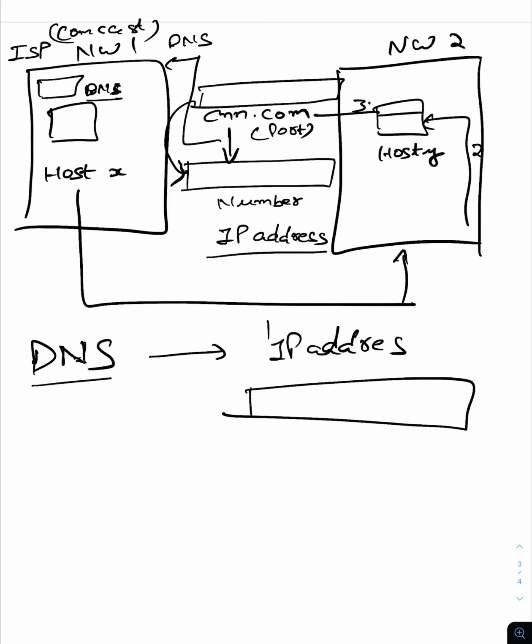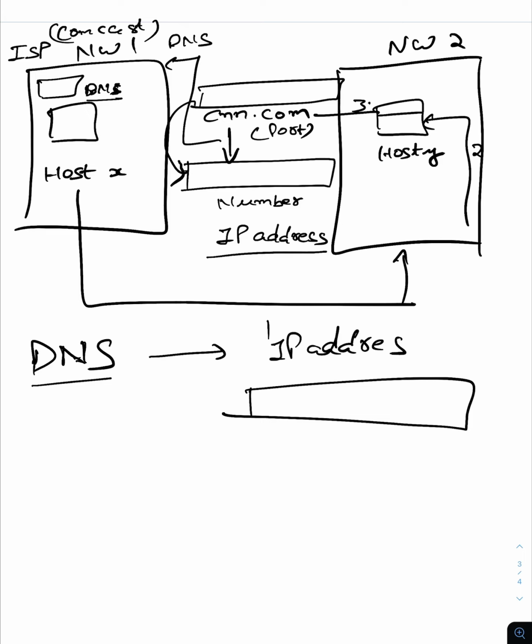So this is the concept of DNS, and as I said before, the service is provided by your internet service provider, which is located within your network. Your request is converted to a sequence of numbers to look for the address of the different host in the different network.